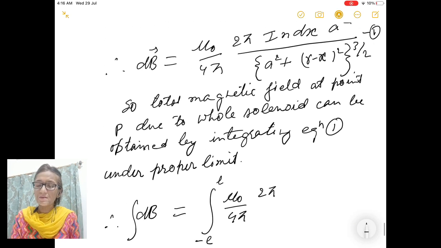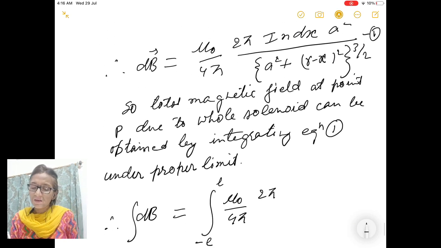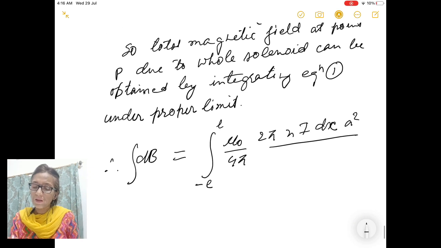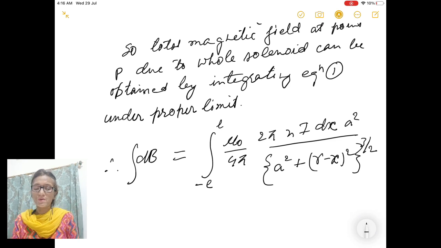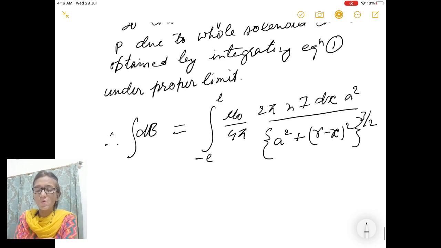and this is mu naught upon 4 pi, 2 pi n I dx a square upon a square plus r minus x square whole 3 by 2. Now this integration process is a little bit elaborate, so we will do it in a short process.